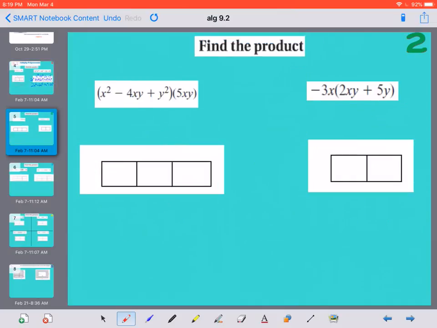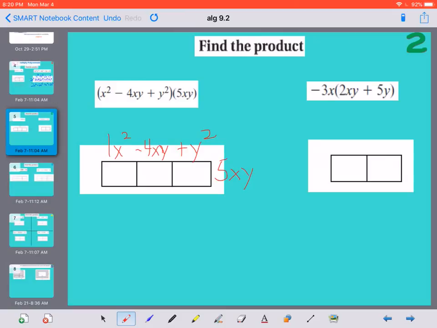Next, we have x squared minus 4xy plus y squared. Now, the 5xy is in the back, but that doesn't matter because we're multiplying, so I could still put 5xy in the back here and still multiply.